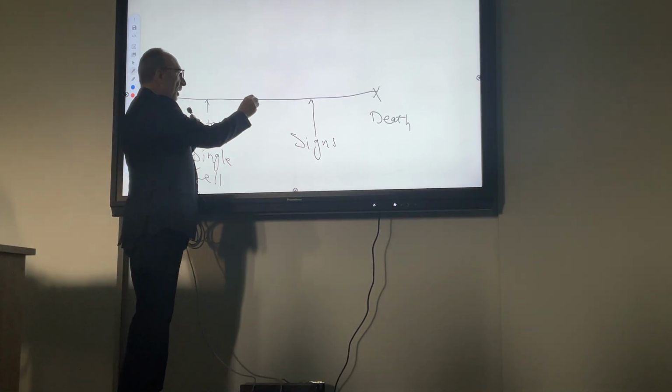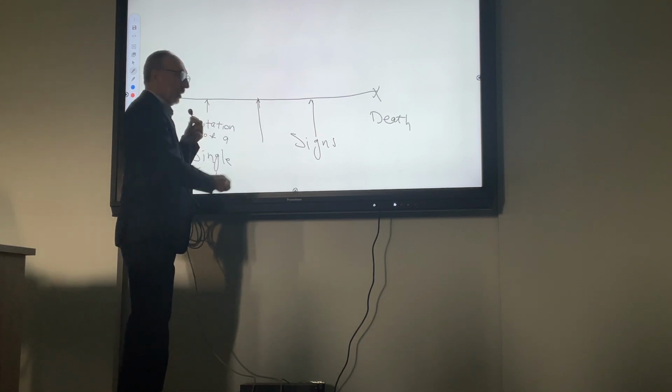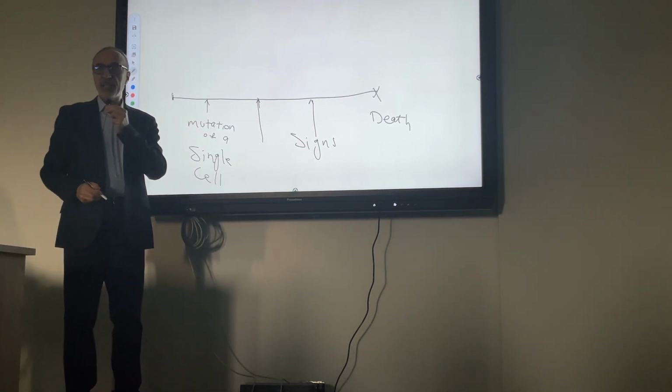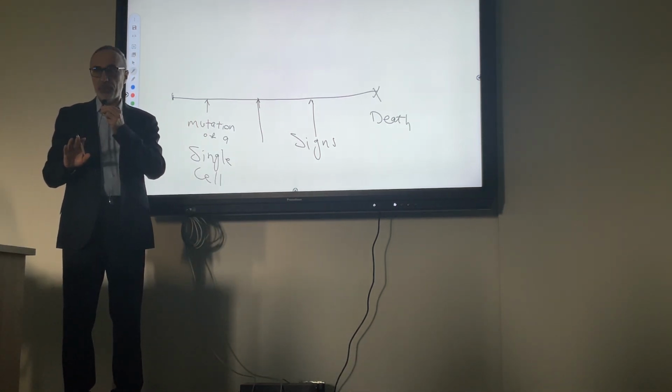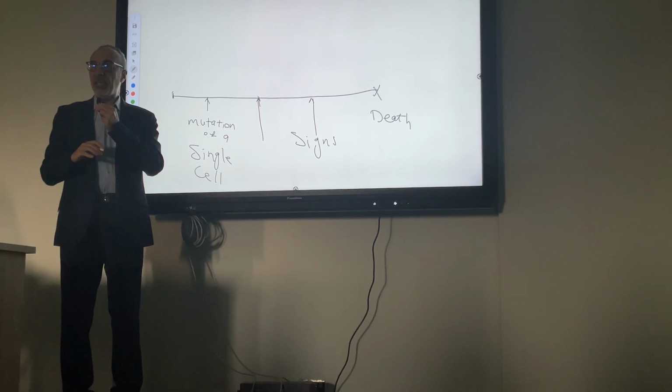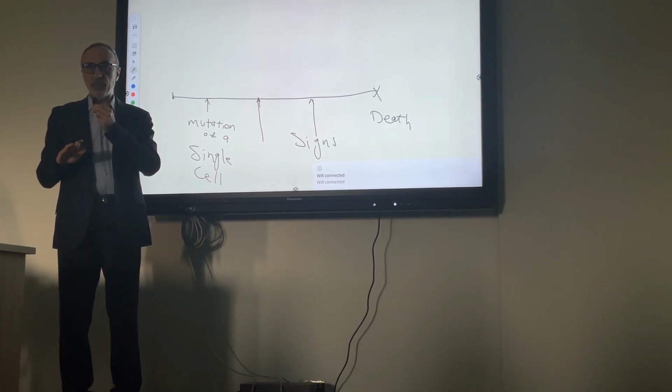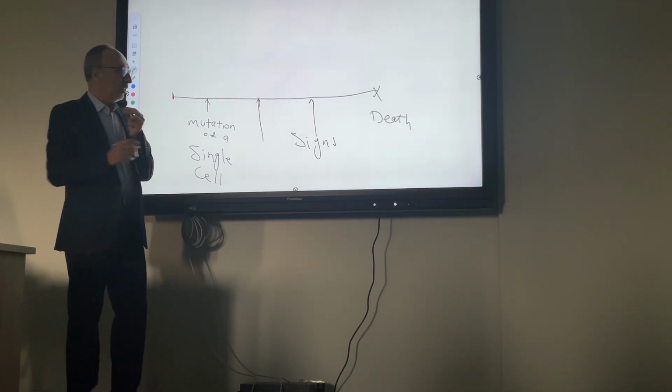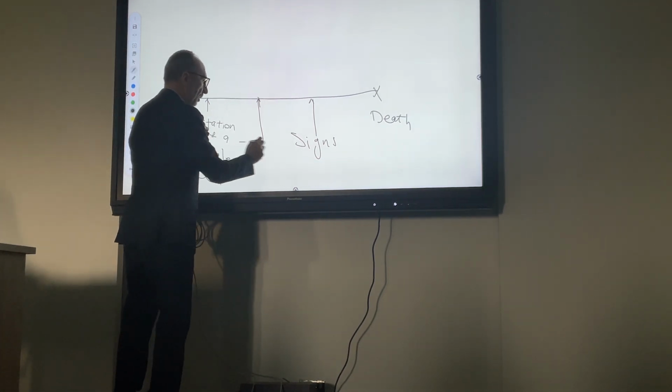But there is another stage. In this stage, there are no signs and symptoms. So people usually do not refer to physicians. But we can detect the tumor without any signs, without any symptoms, by some measures. What are these measures?